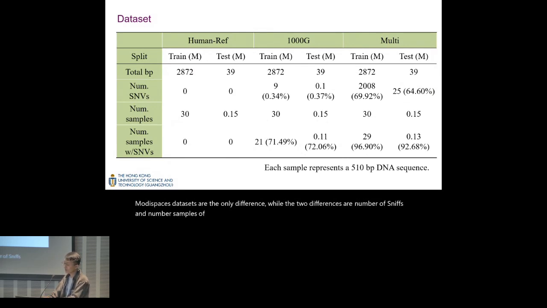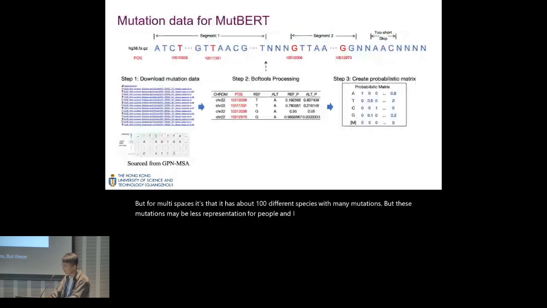The 1,000 Genomes Project has about 3,000 people with rare mutations, but the multi-species dataset has about 100 different species with many mutations. But these mutations may be less representative for people, and I will explain later.